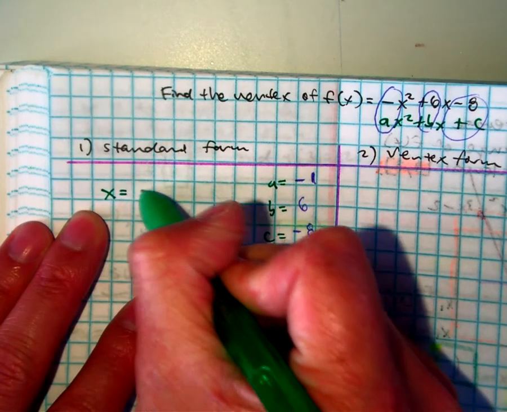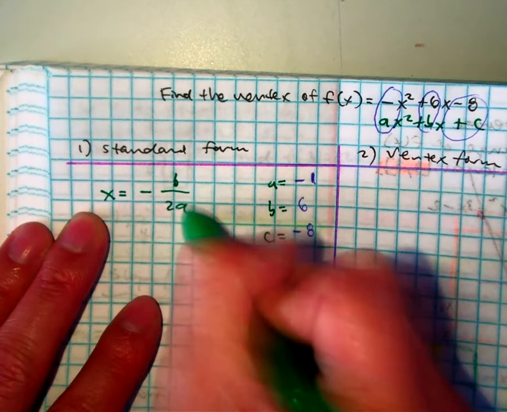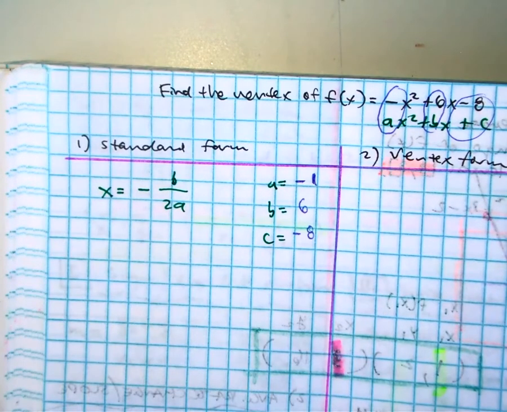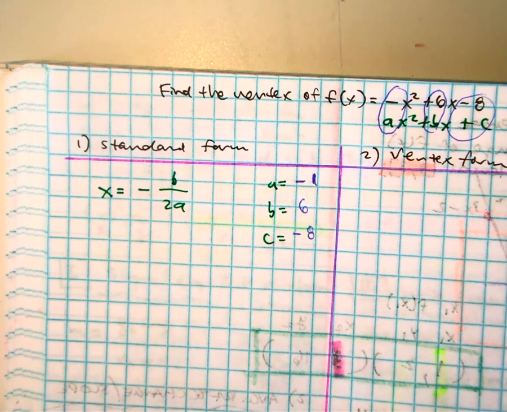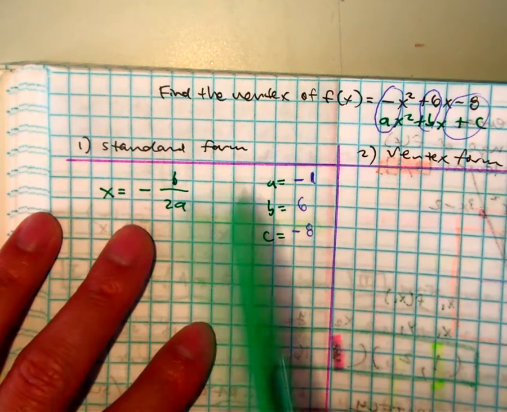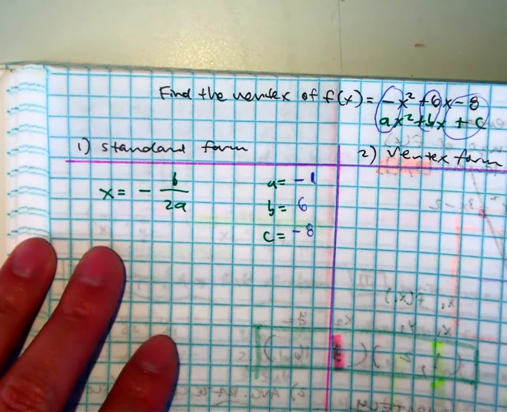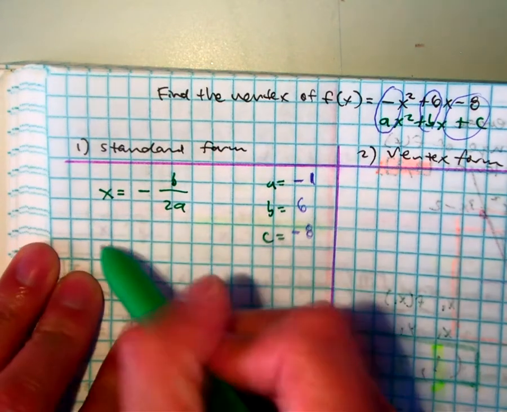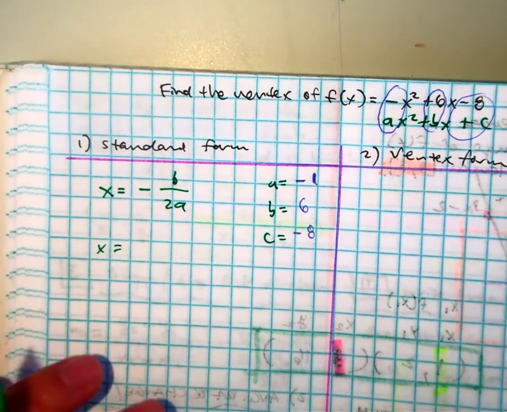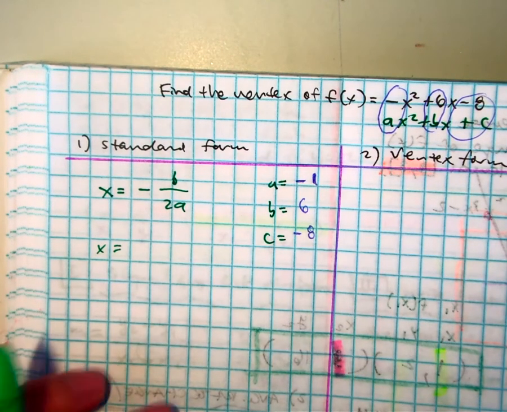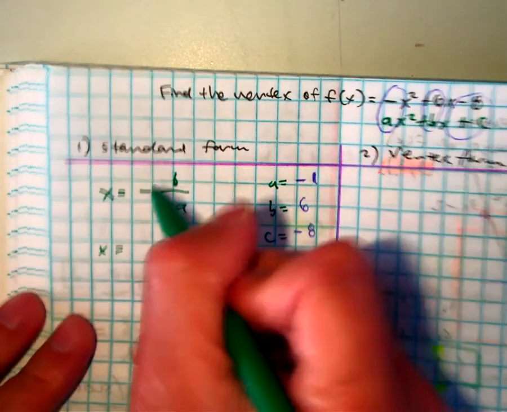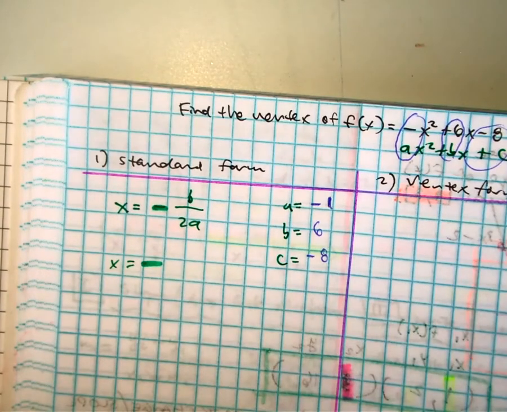So we just need the x part, so that'll be negative b over 2a. Now, you're correct in that we need the whole formula, but we're first going to find the x. Just like the previous formulas, a lot of students have struggles with the minus sign, so just leave the minus sign to the very end. Don't touch it.